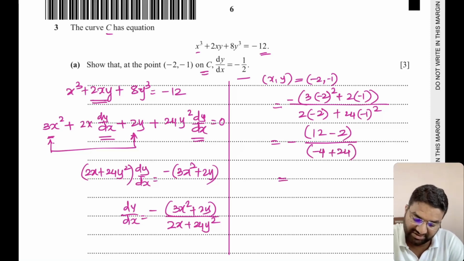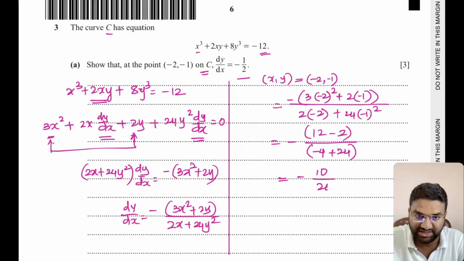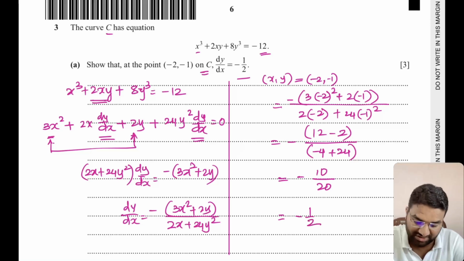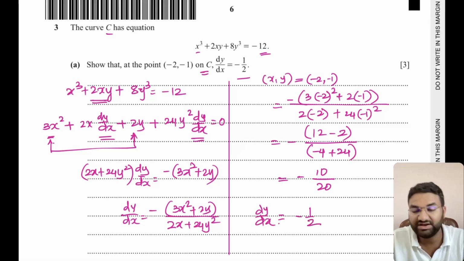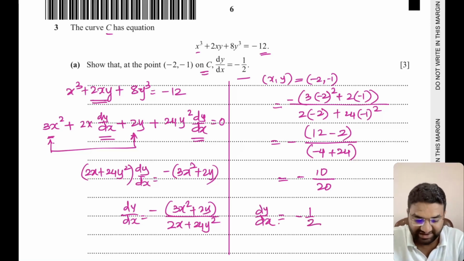So it's negative 10 upon 20, which is nothing but negative 1 upon 2, that is dy by dx. So that is what we had to show.